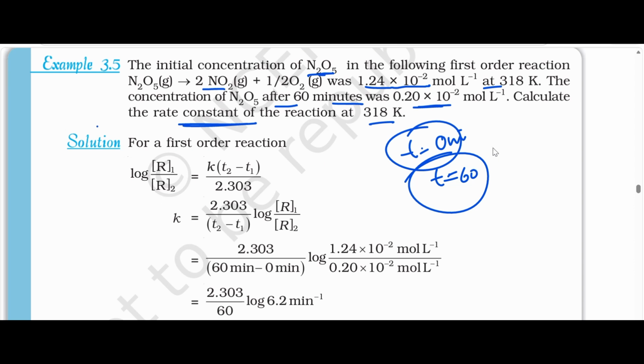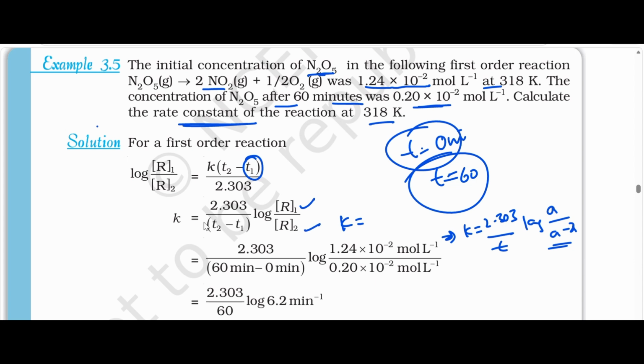That will be k equal to, I will write here the formula at different intervals of time. Obviously initial time, that will be t1 equal to 0. You may write directly also k equal to 2.303 by t log a by a minus x in our version. Clear? Or else you can take r1 by r2.